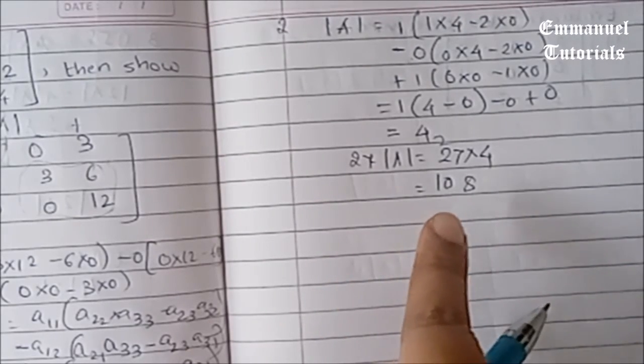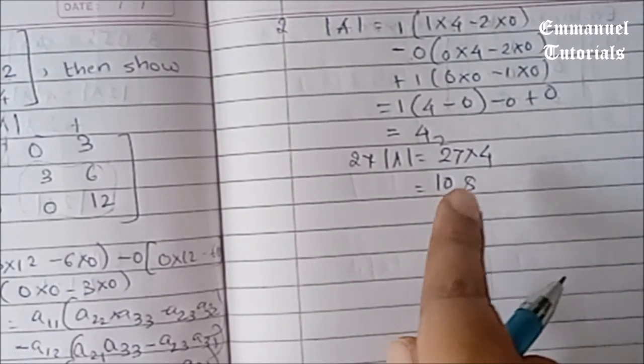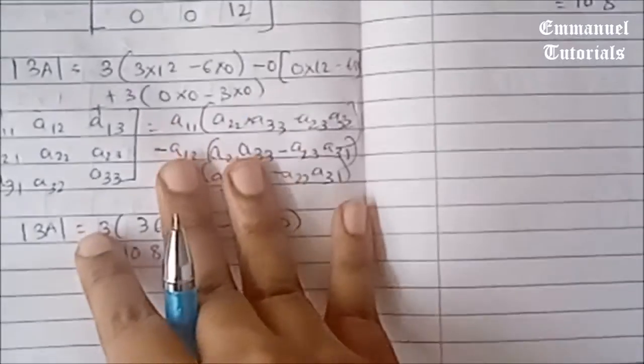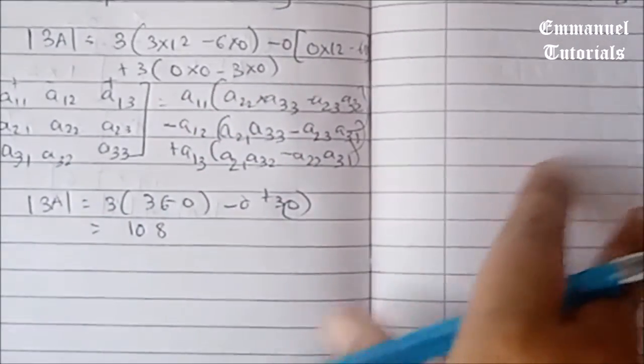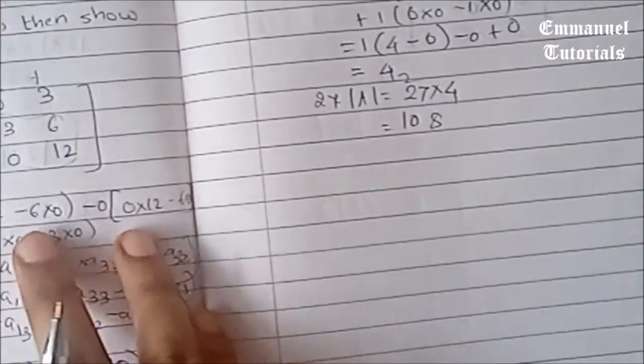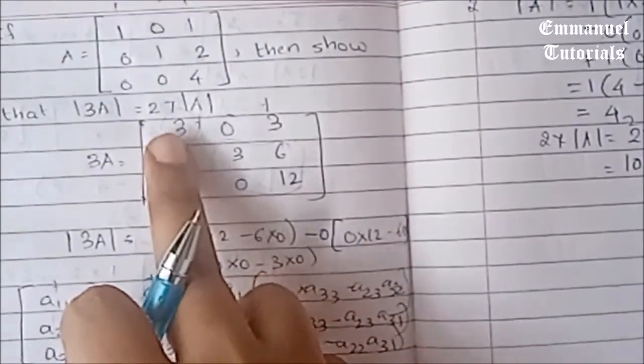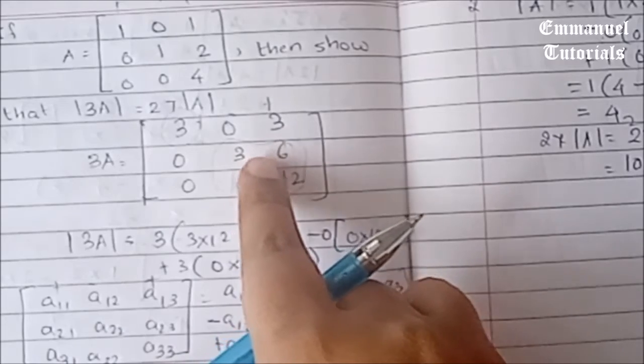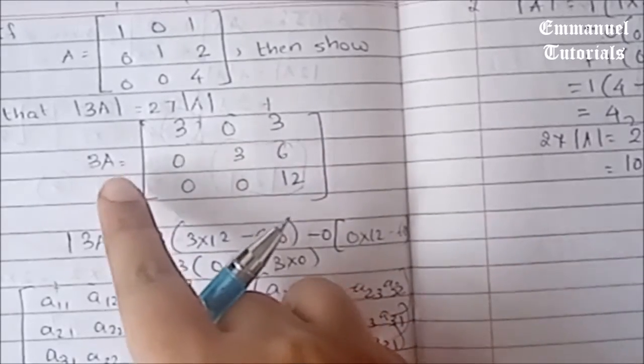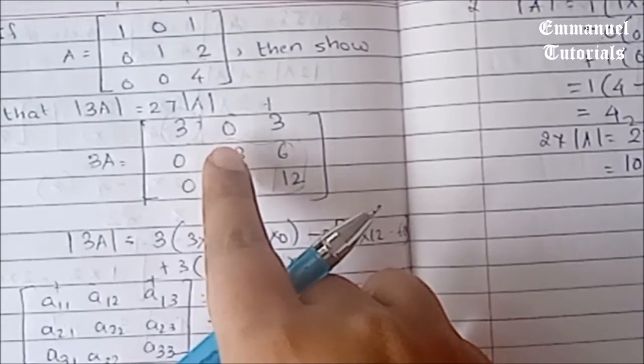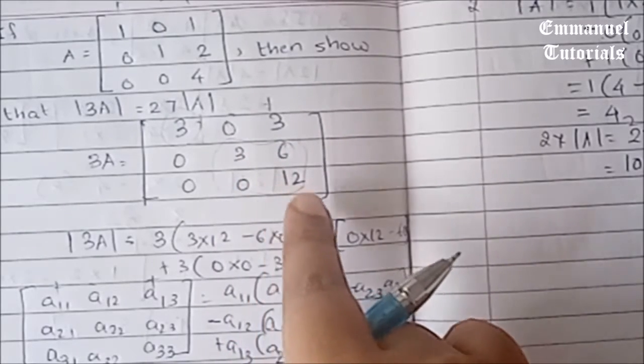So the value of 27 into determinant of A is again 108. So we can see that LHS is equal to RHS. Hence we have proved that determinant of 3A is equal to 27 into determinant of A.